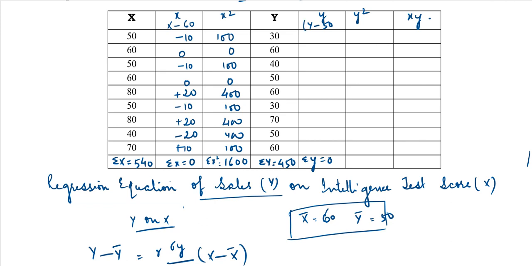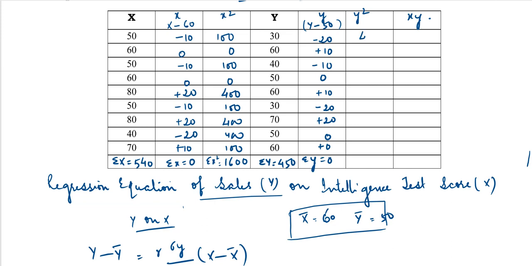Find out y minus 50. 30 minus 50 is minus 20. 60 minus 50 is plus 10. 40 is minus 10. 50 minus 50 is 0. 60 is plus 10. 30 minus is minus 20. 70 minus is plus 20. 50 minus 50 is 0. 60 minus 50 is plus 10. ठीक है, this will be your 0.